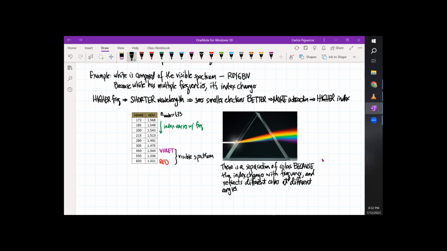That's why the prism is the way it is. It's because the index of refraction is changing.